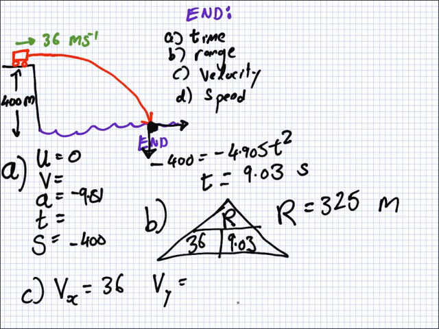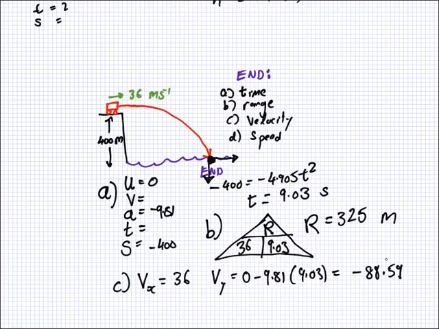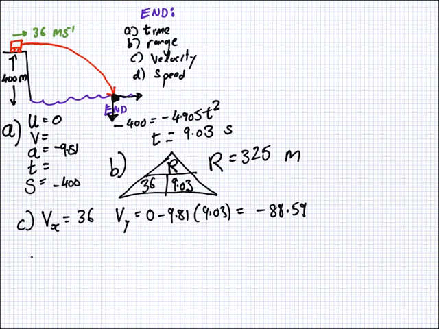Vy is u plus at, and that's 88.59, so roughly, at the end it's going horizontally with 36 and vertically with 88.6.